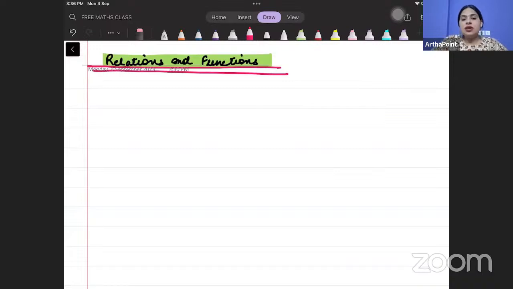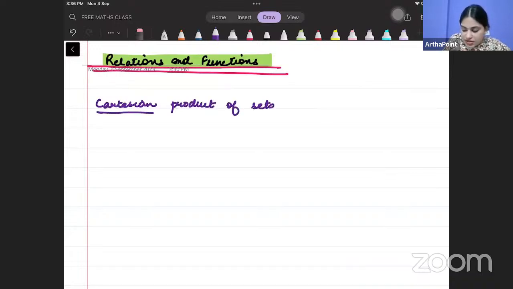Okay, we'll start. Fine. So बेटा हमने already sets तो पढ़ लिया है ना? Set क्या था? It was a group of elements, right? Now from set I want to talk about something which is known as a Cartesian product of sets.